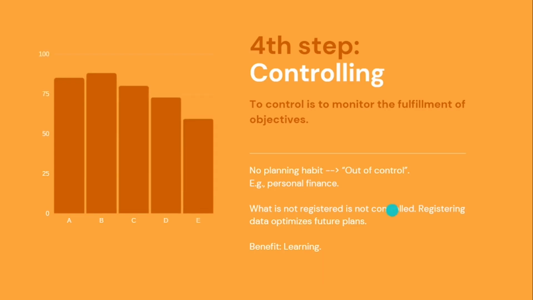And the fourth step is controlling. To control is to monitor the fulfillment of objectives. In other words, in this step, you compare what is being done to what you planned. So you have to plan first so that you may control. Without planning, without the first step, you cannot control.